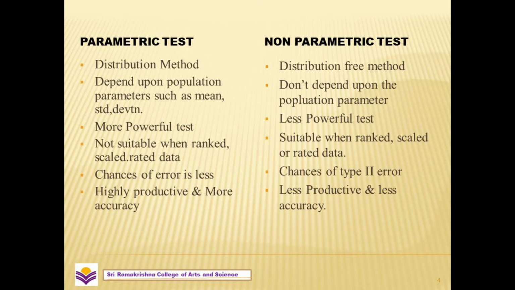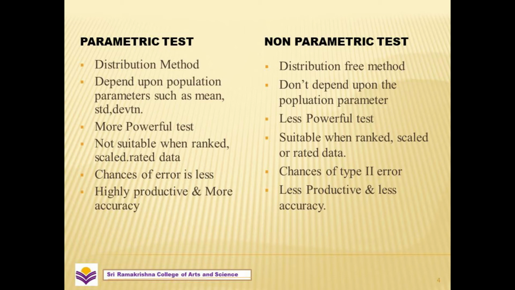It is highly predictive. A non-parametric test is a distribution-free method, and it does not depend upon any population parameter. It is less powerful, suitable for ranked scale questions, with chances of type 2 error. Type 2 error: H not accepted when it is false. So chances of type 2 error are higher in non-parametric tests, which are less predictive.